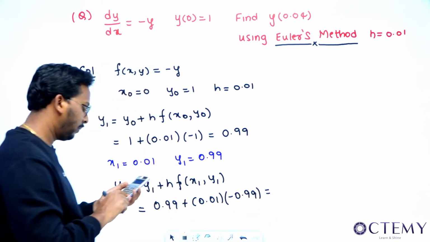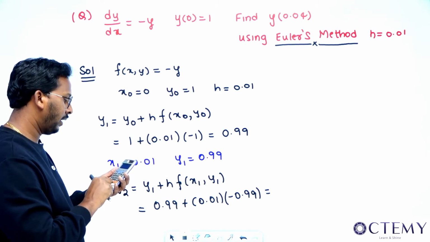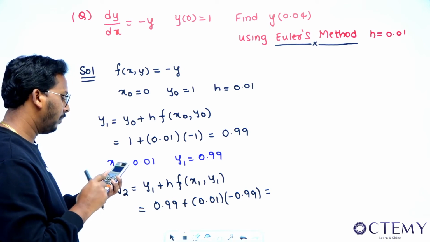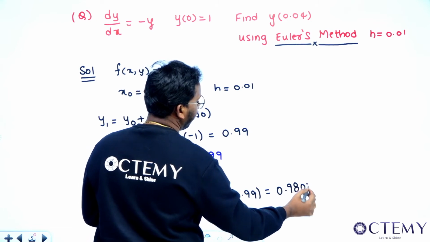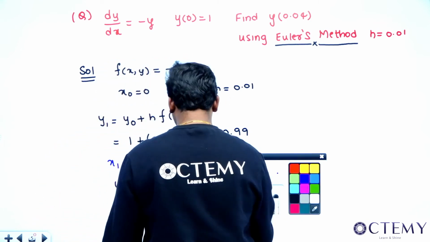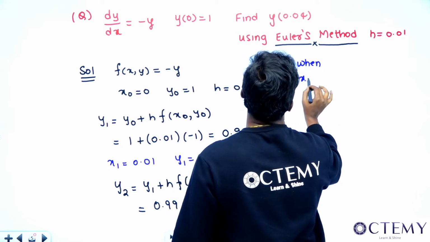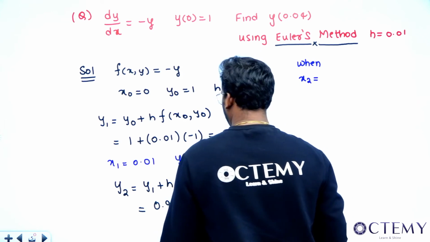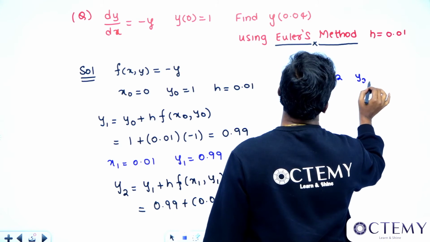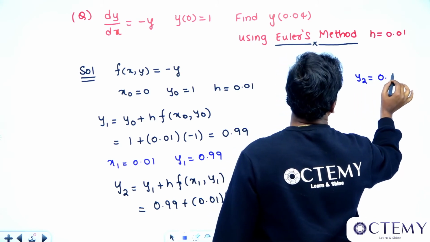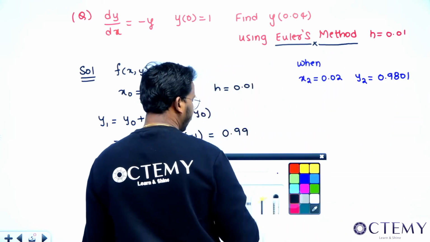So this is 0.99 minus 0.01 into 0.99, which becomes 0.9801. What is the meaning of this? When x2 is equal to 0.02, your y2 is 0.9801.